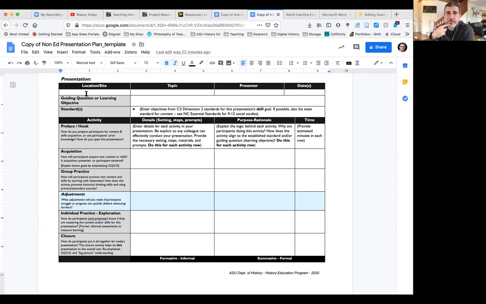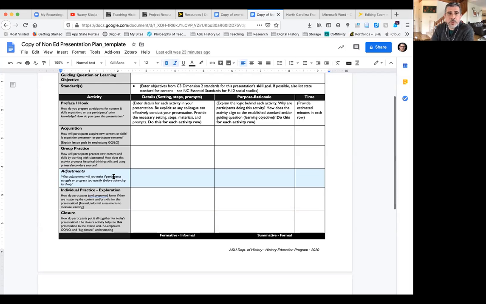But if you're thinking that the entire presentation is going to be virtual and online, as we're finding out, that's a little bit harder to do in group practice. So you have to be kind of creative of how you would design something that would get people to practice with each other in small groups, to see if they understand the objective for this presentation.